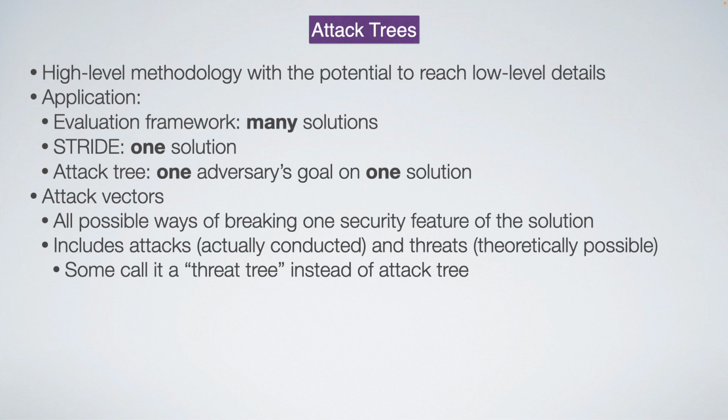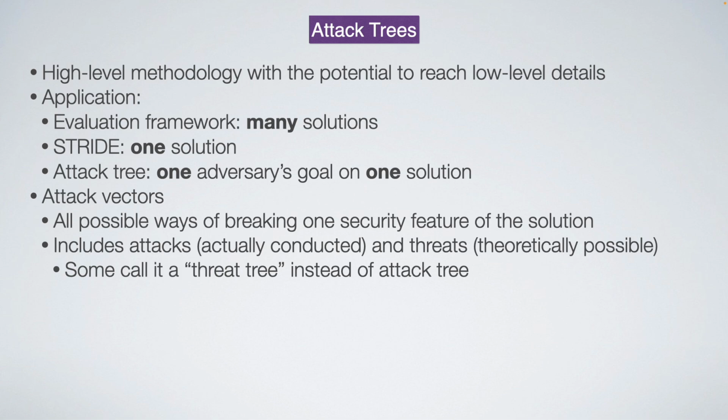Attacks can take one of 2 forms. So sometimes we actually reserve the word attack for like a security incident that actually happened. Okay, that's an attack. And if I'm like, well, theoretically you could do this, but no one's ever done it yet, we might say that that's a threat as opposed to an attack. Okay, so attacks are like something that actually happened, and a threat is something that could potentially happen, but we don't know for sure whether it's happened yet, or we know that it hasn't happened, but it could in theory.